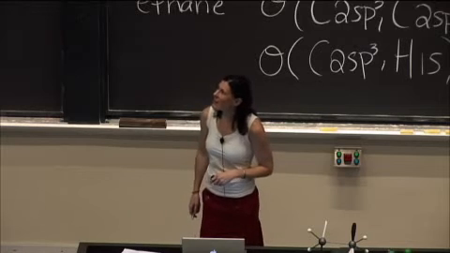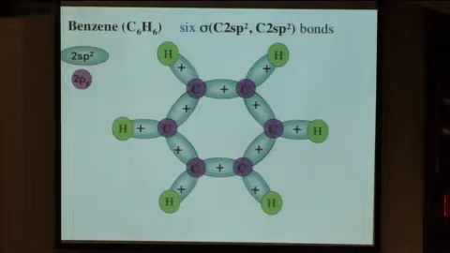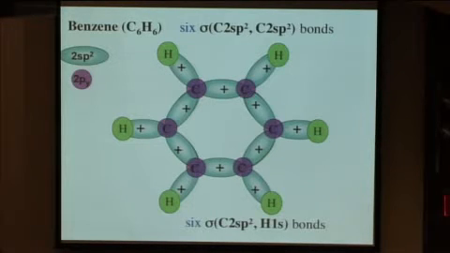So if we think about what bonds are in this molecule, we actually have 6 of these sigma carbon sp2 bonds. We also have carbon sp2 hydrogen 1s bonds. How many of those do we have? Yep, we also have 6 of these because we have 6 carbon-hydrogen bonds.